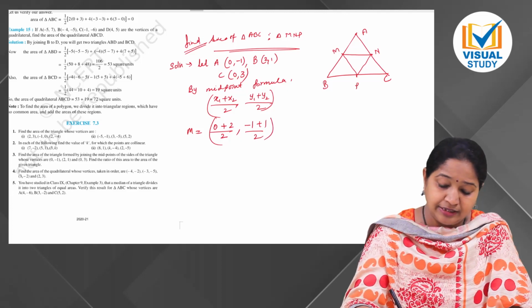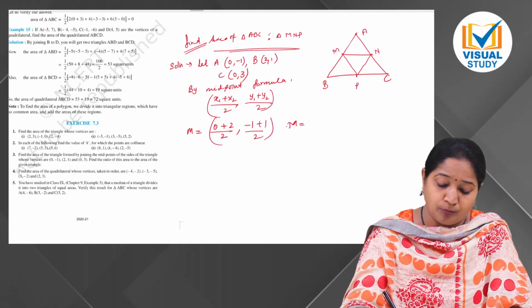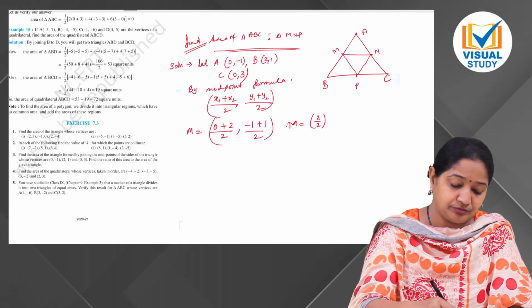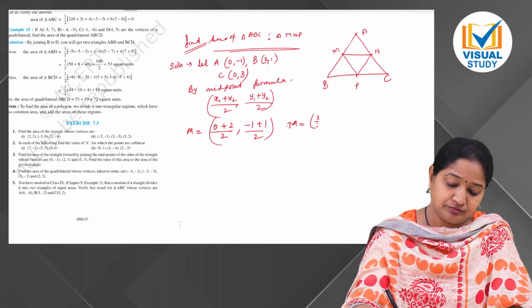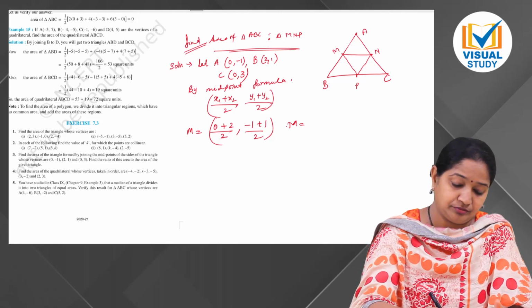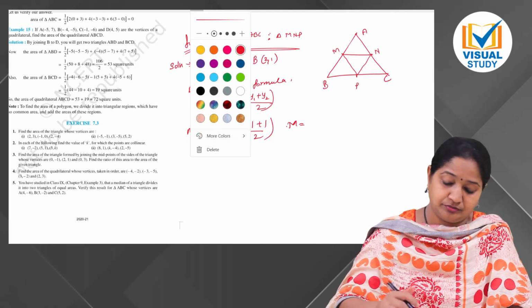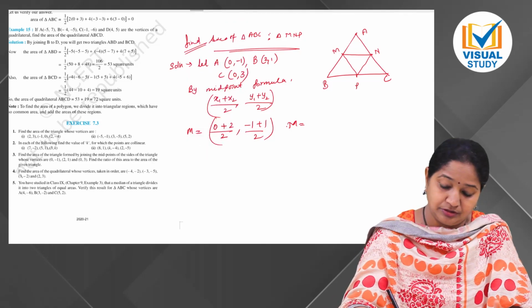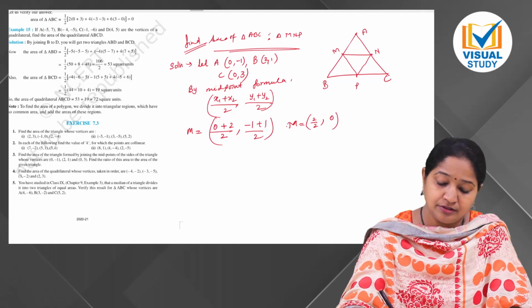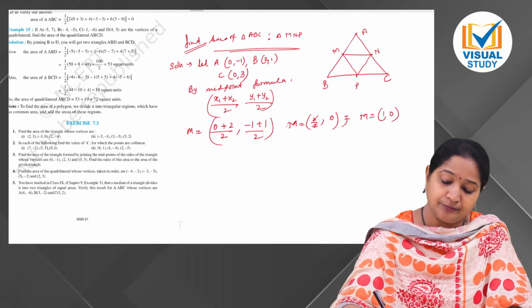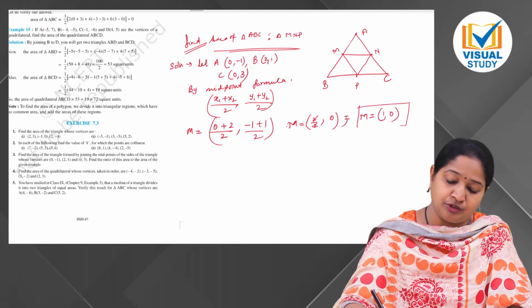What you get is M equal to 2 upon 2 and 0 upon 2, that is M equal to (1, 0). So you got M.